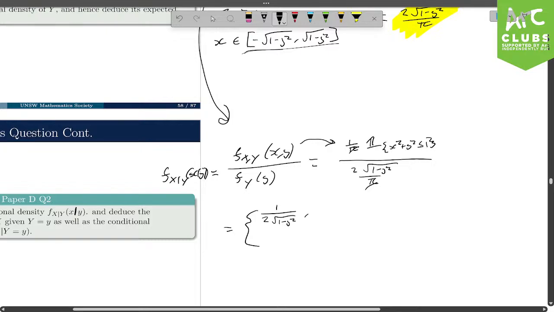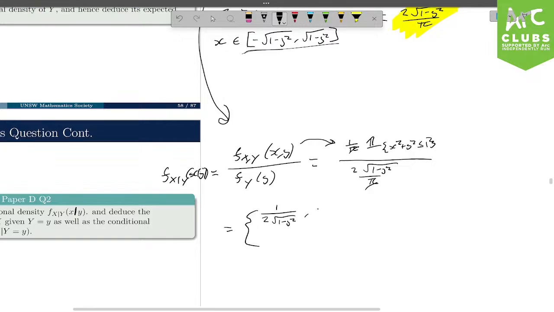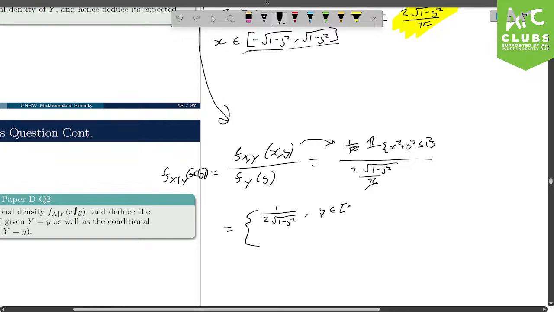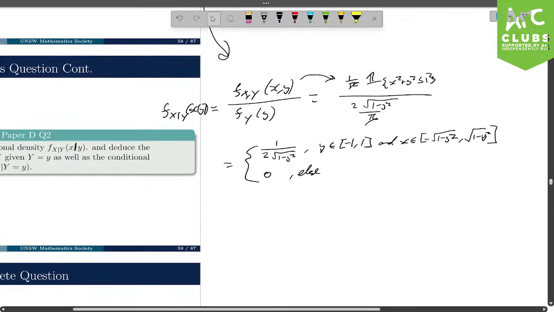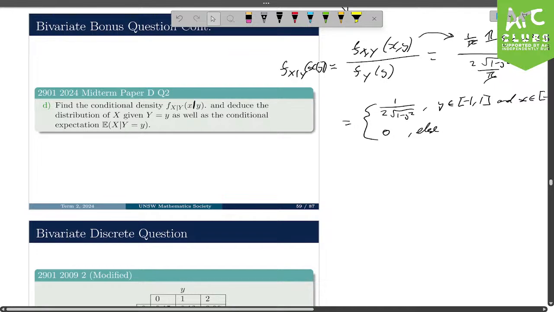This is for valid values of y, so y being an element of minus 1 to 1, and x being an element of, you guessed it, minus square root 1 minus y squared to the square root of 1 minus y squared. All right, and then 0 else. Fantastic. We're moving forward quite swimmingly.